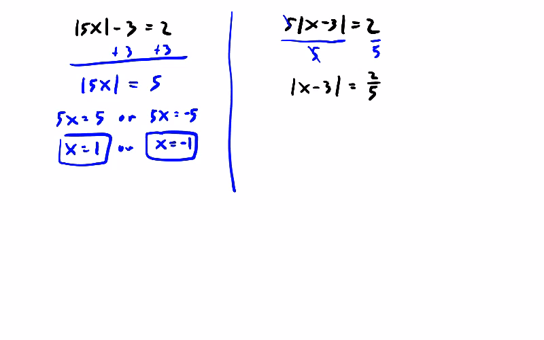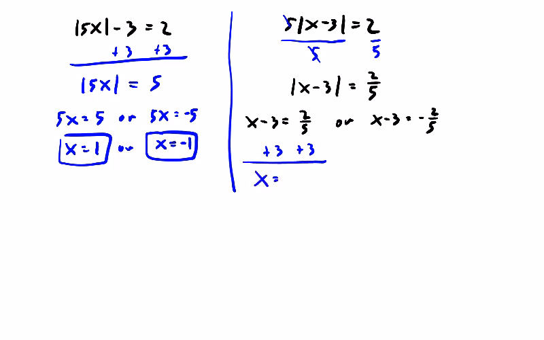Now we're down to the absolute value of a quantity on the left-hand side, so that quantity must equal what's on the right-hand side, or that quantity must be the negative of what's on the right-hand side. Because if x minus 3 is equal to the negative of 2/5, when you take its absolute value, it will be 2/5. So let's now add 3 to both sides.